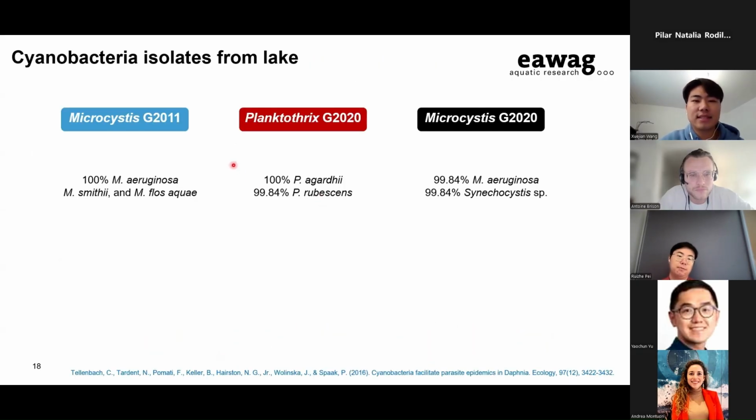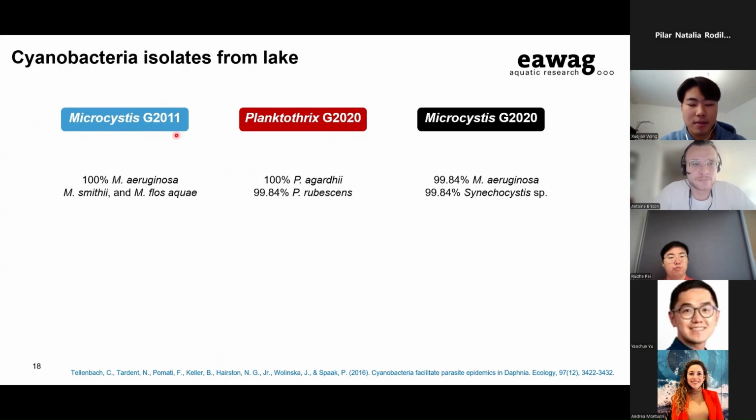Besides the samples we took in the lake, there were also 3 cyanobacterial strains isolated from the lake when blooms happened. 2 of them were isolated during the sampling time in 2020, and 1 was isolated earlier in 2011.